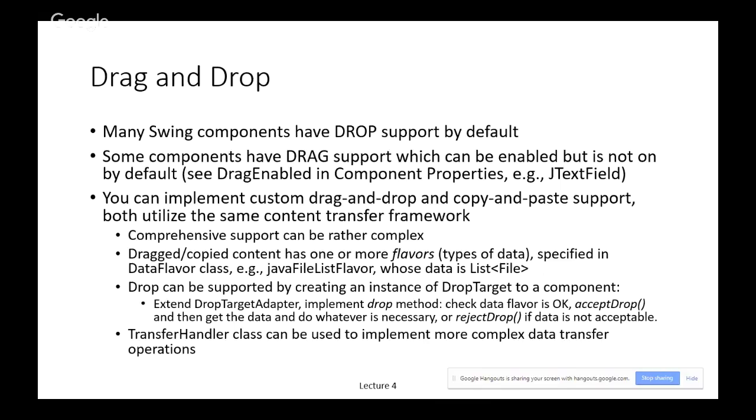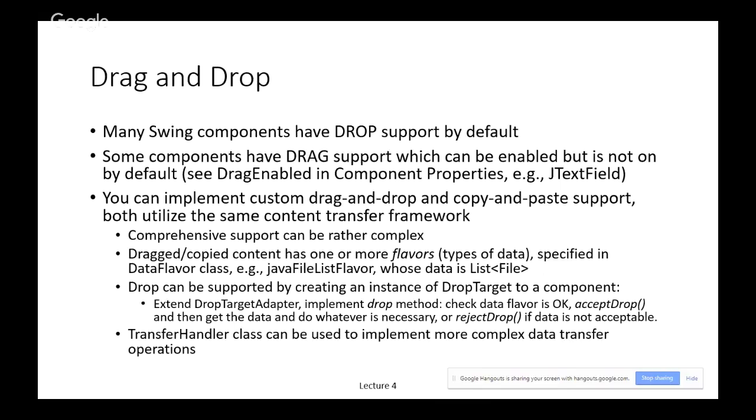And we looked at how to do the drop support, which is quite easy to do. Comprehensive support can get rather complex, as you can see from AcesUp if you look at it. But the drop target is quite simple. You just implement the drop method, check that the data flavor is okay, accept the drop, and then do whatever you need to do, or reject the drop if you cannot work with the data that was dropped.